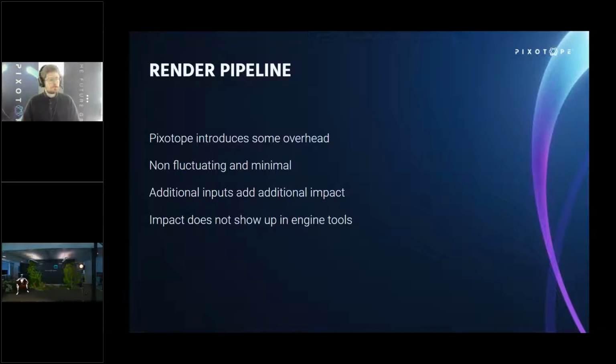Because, of course, Pixitope does introduce some overhead. It's non-fluctuating and minimal. And mainly, our performance impact is dictated by the resolution at which you're outputting at, rather than what is happening in your scene. So the Pixitope specific overhead is very non-fluctuating. It just sits on top of everything else happening within Unreal.